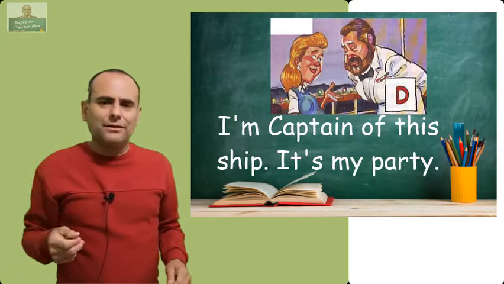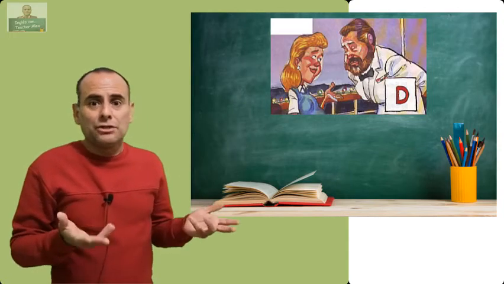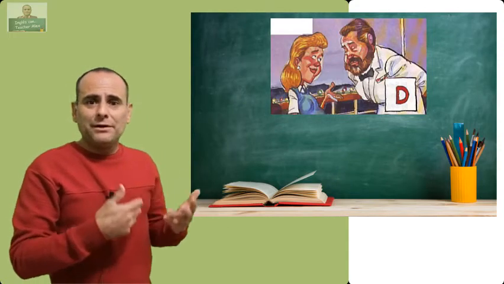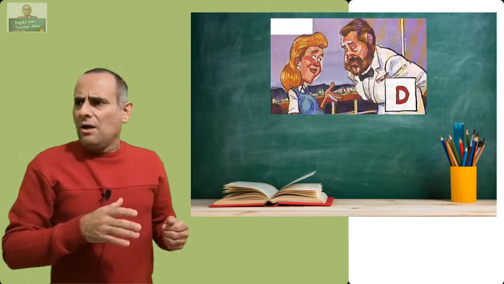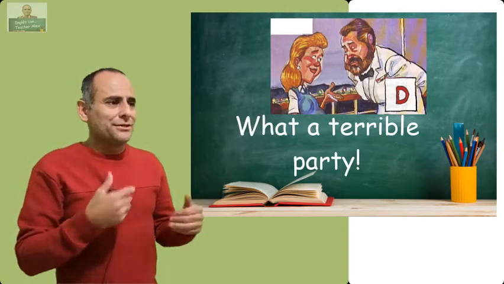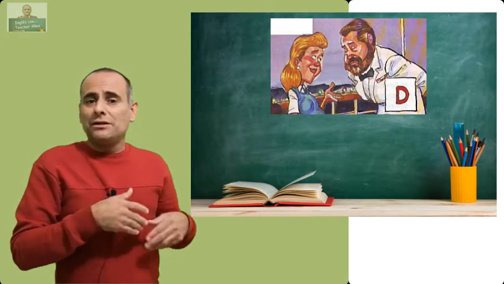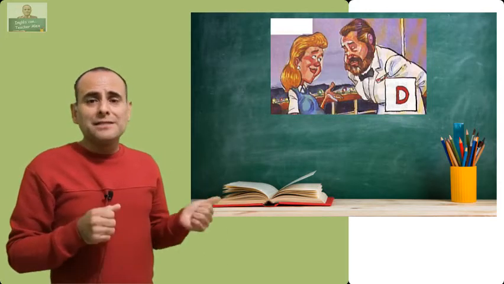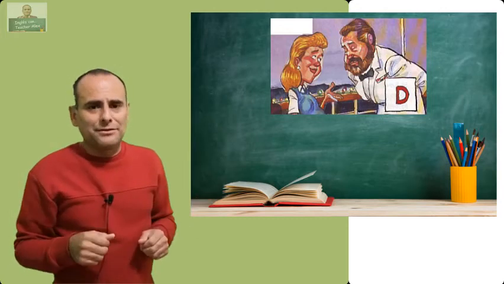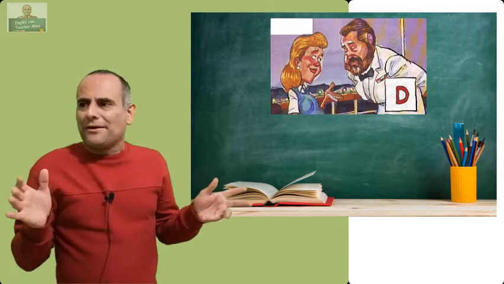Oh, no, Mary Ann. I suppose she felt a little bit embarrassed or ashamed of what she said, because if you remember, during the conversation she said, what a terrible party. And that was the way she introduced herself to the captain. She didn't even know who he was, and she didn't even know that it was his birthday party, and she felt sorry because the first sentence that she said was, oh, what a terrible party.